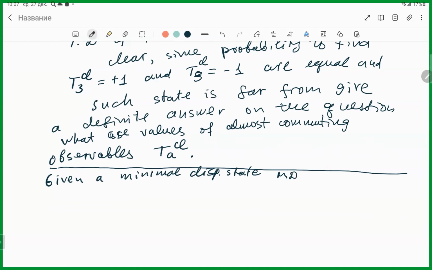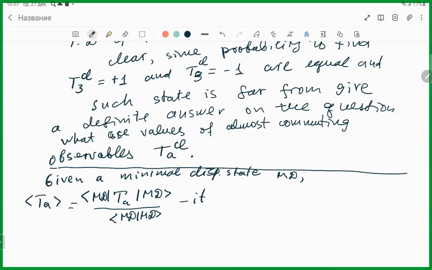Then I might study this thing: the average of T. It is a vector in R3.